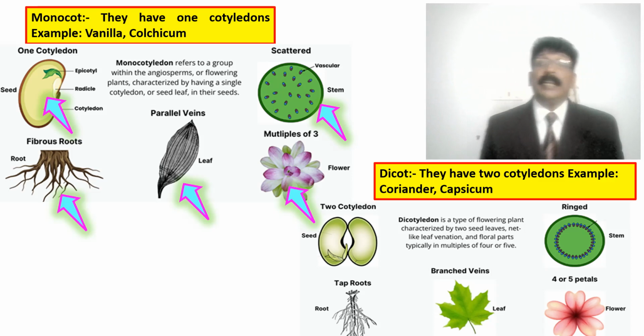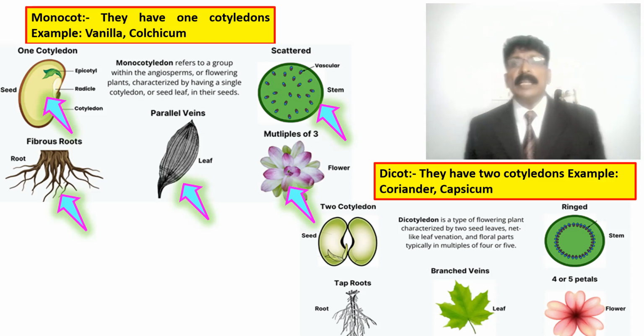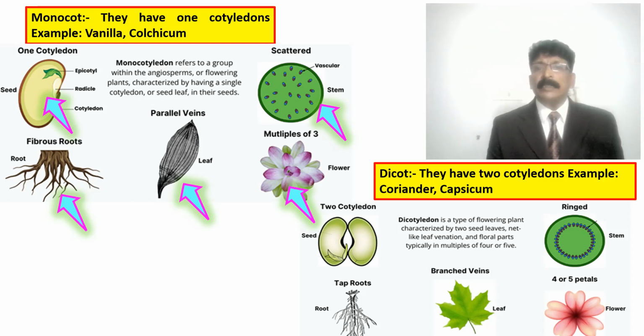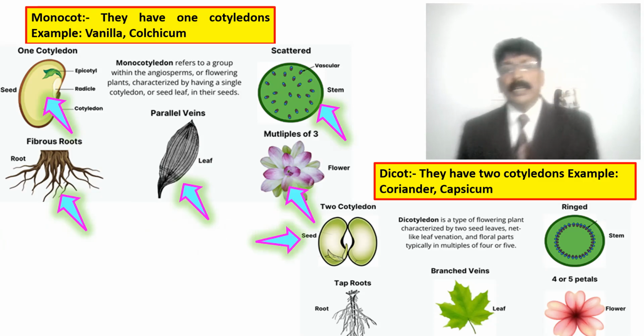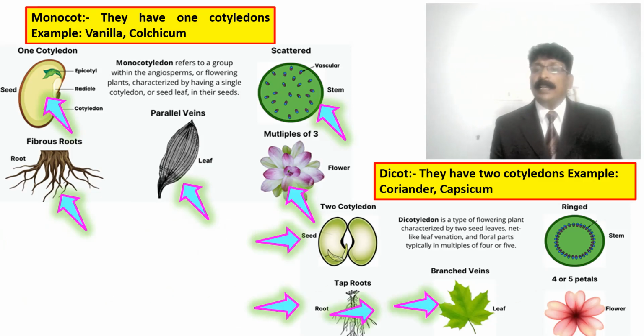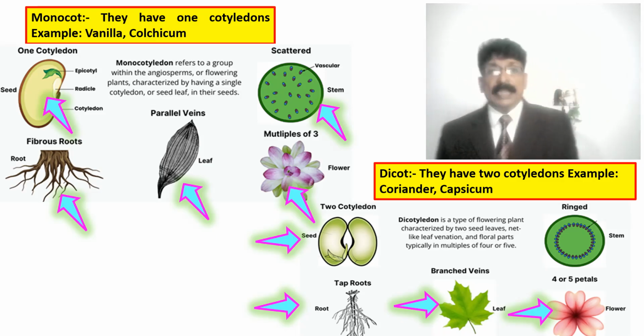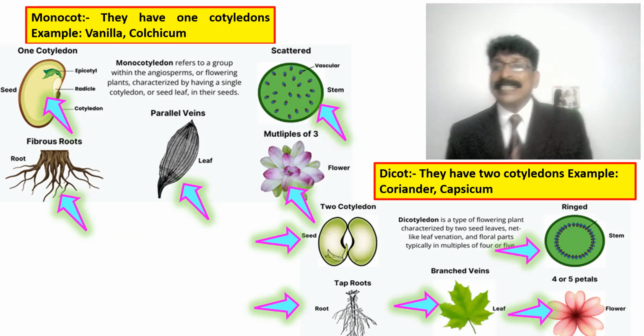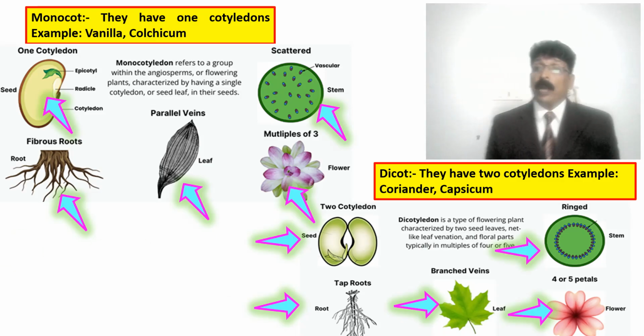in their seeds. And you can see dicotyledons. They have two cotyledons, they have tap roots, they have branched veins in the leaf, they have 4 to 5 petals in the flower, and they have a ring structure of the vascular bundle in the stem.